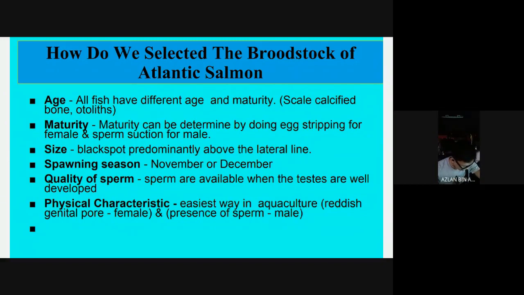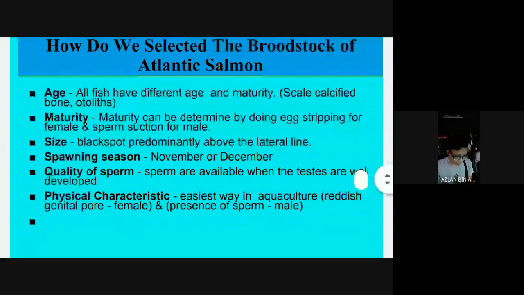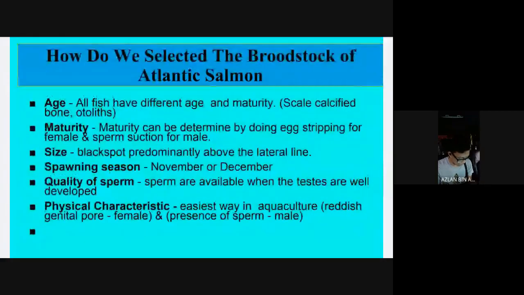The next one is quality of sperm. Sperm are available when the testes are well developed. The Atlantic salmon male needs well developed testes to produce good sperm, and this is the same as other fish.